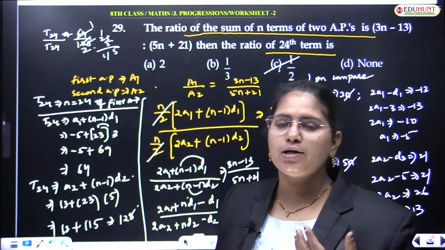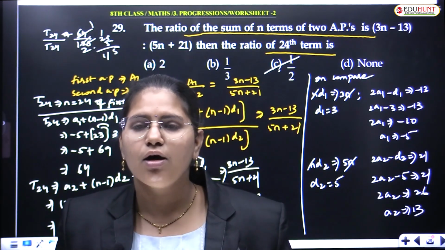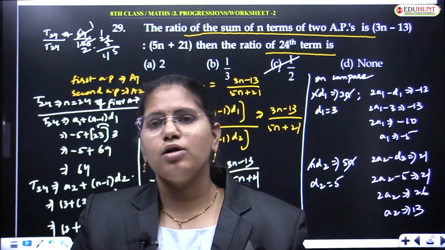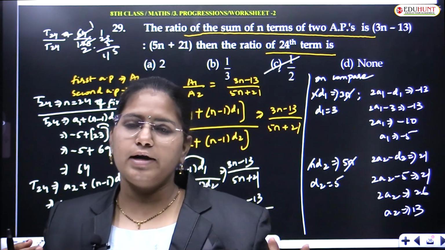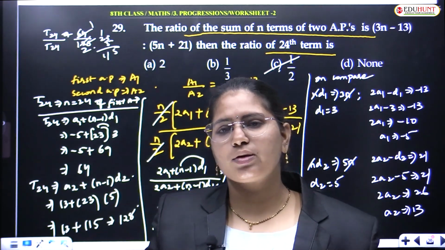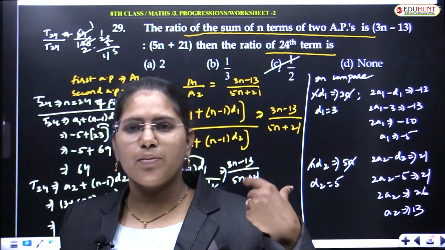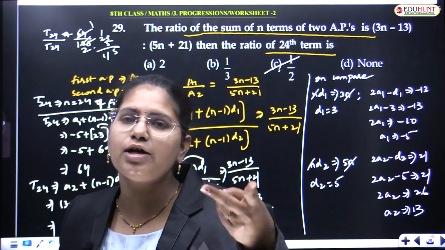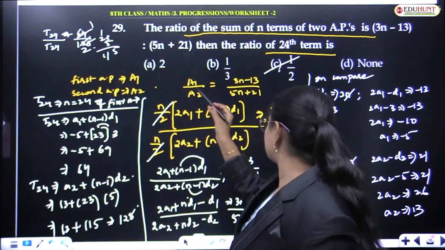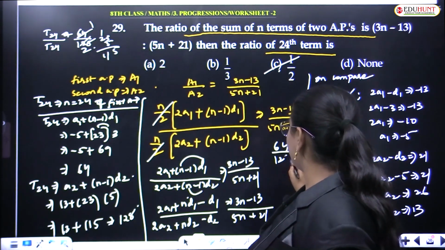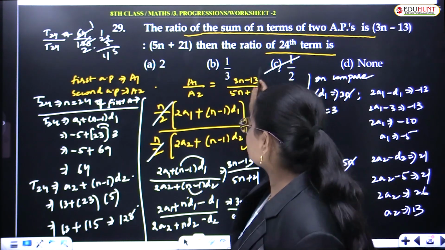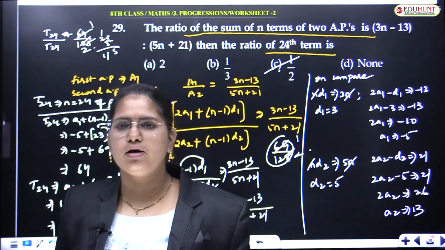I found A1, D1, A2, D2 using Sn, because they have given Sn. Then I got T24 of the first AP and T24 of the second AP and calculated the ratio. 64 to 128, which is 1 by 2. I hope everybody is clear with the session.